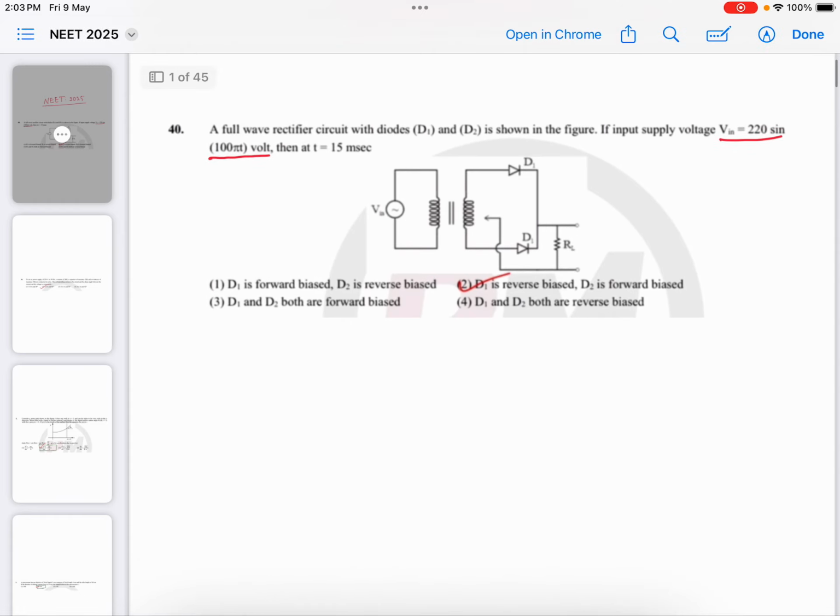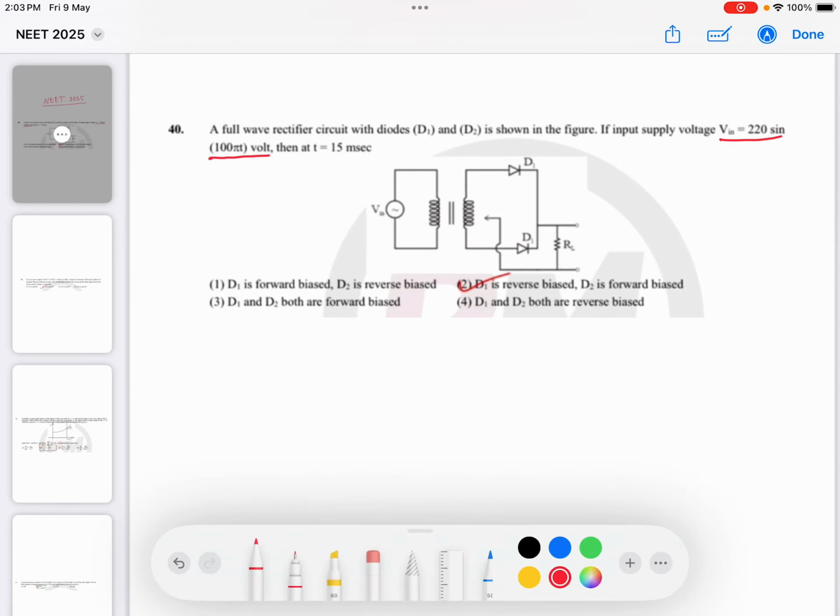So v is given as 220 sin of 100 pi t. In t you can replace 15 milliseconds, 15 into 10 power minus 3. Then you get 220 sin of 1500.